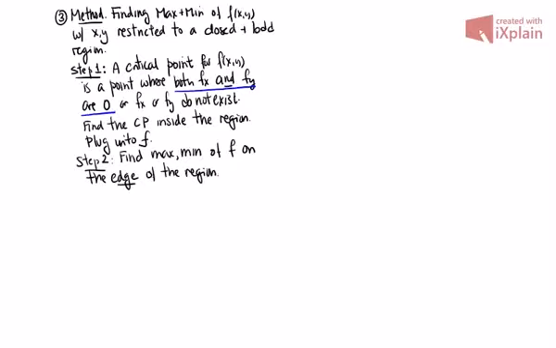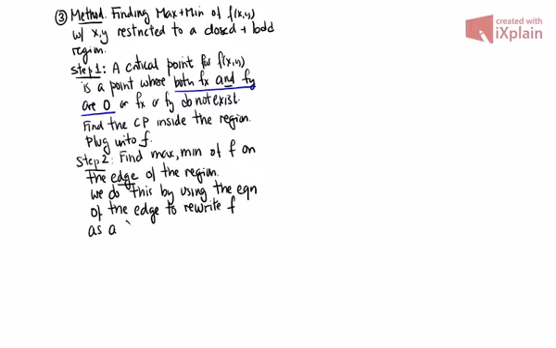Now, how we do this is a little confusing the first couple of times, so I'm going to give just a general rule, and we'll work it out with some examples. So we do this basically by using the equation of the edge to rewrite f as a function of one variable, and examining that.